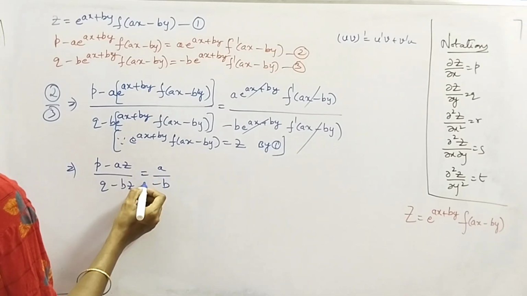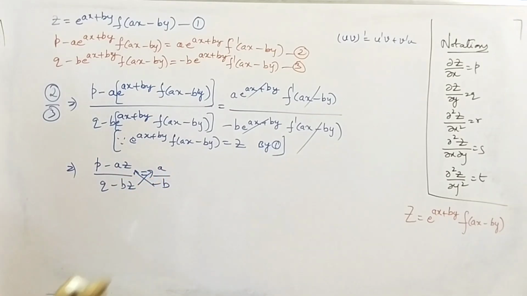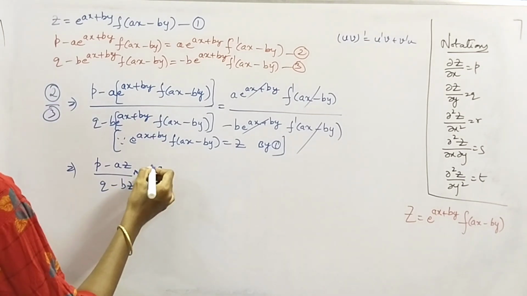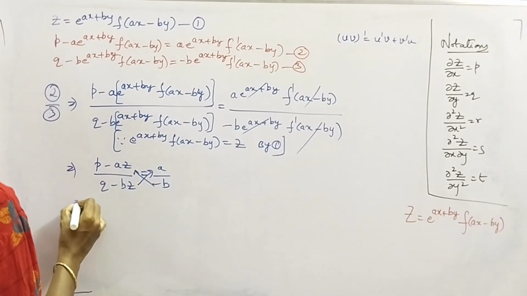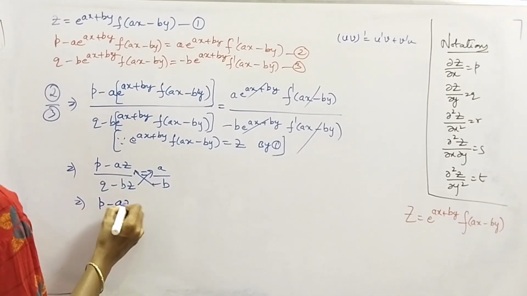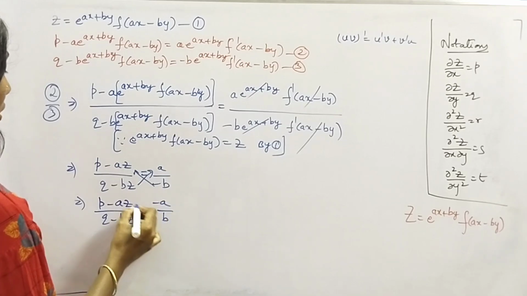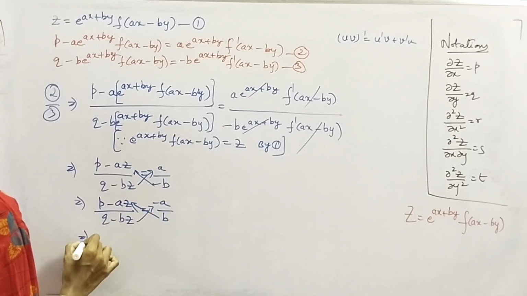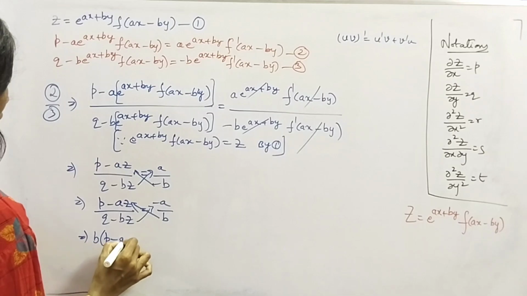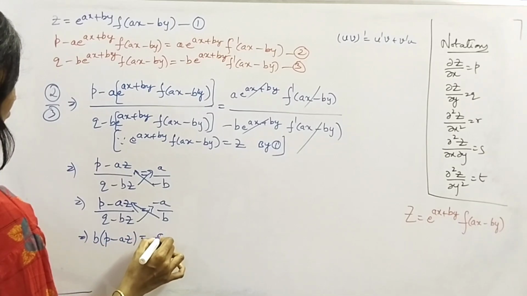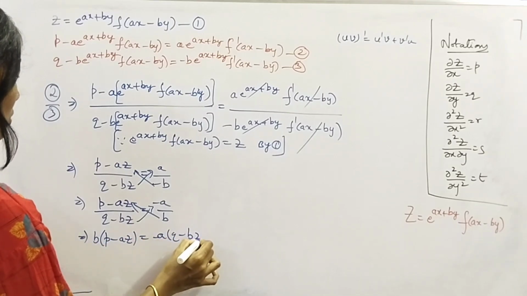Now make a cross multiplication and simplify it. Better you can write one more step. p minus az by q minus bz equal to minus a by b. Now make a cross multiplication. You'll get b times p minus az equal to minus a times q minus bz, right?